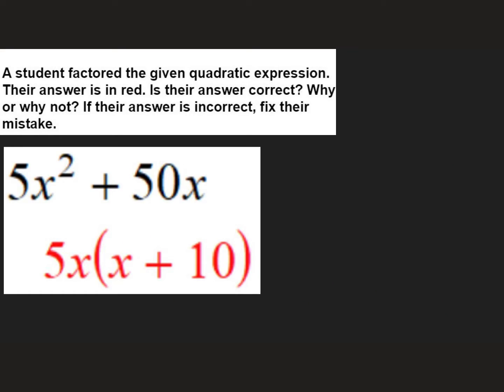For the next problem, we first want to say what our greatest common factor is, and they both have a greatest common factor of 5x. When I take this out, I'm left with 5x, x, and 10. So the student was correct. So you would say the student is correct.